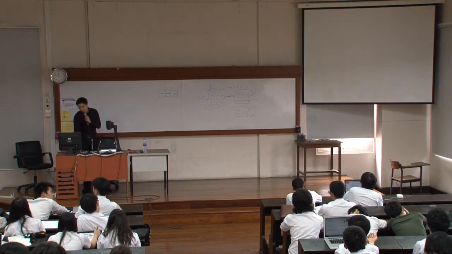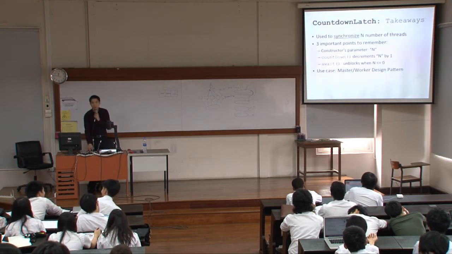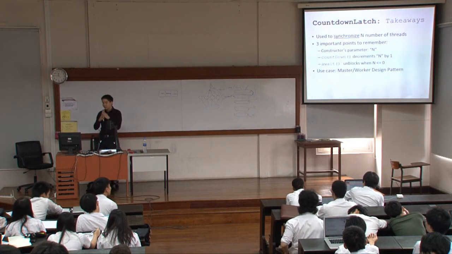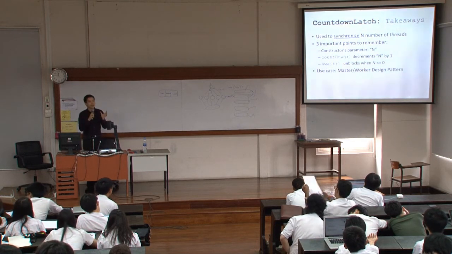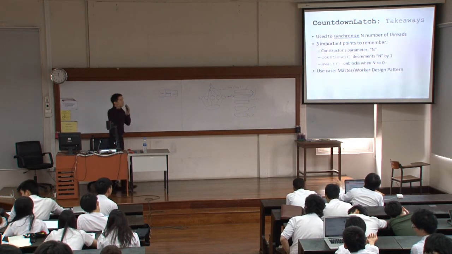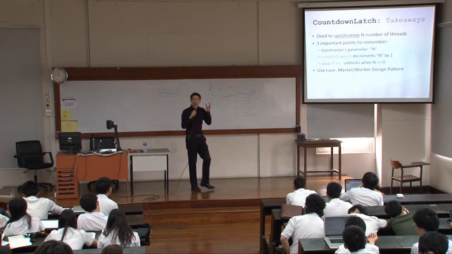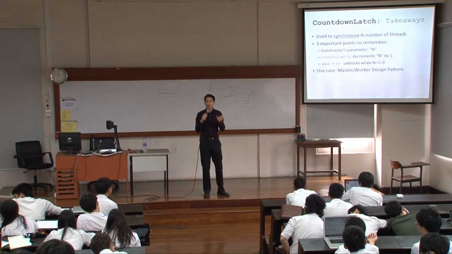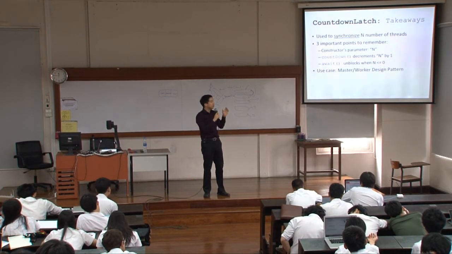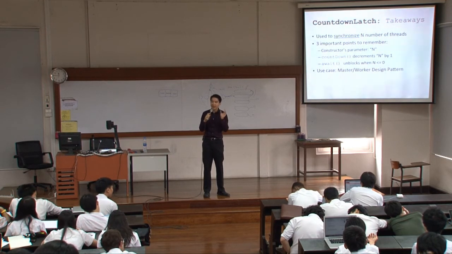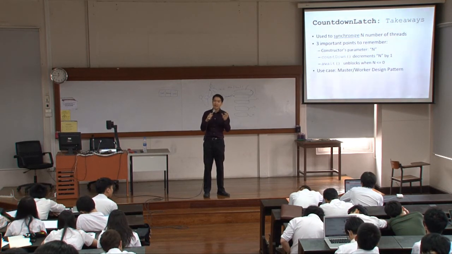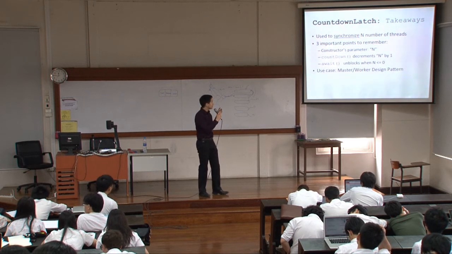But hold on, before we talk about the master worker design pattern, I want to mention real quickly the countdown latch takeaway. Like I mentioned, it is a modern tool that you use to synchronize n number of threads, where n is the number that you pass into the countdown latch constructor.